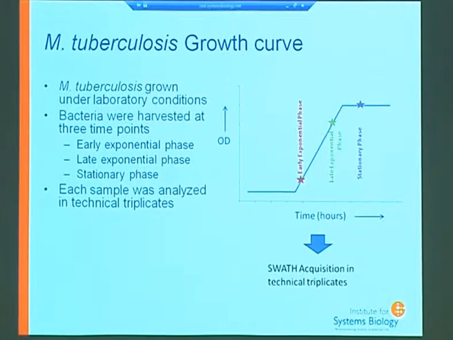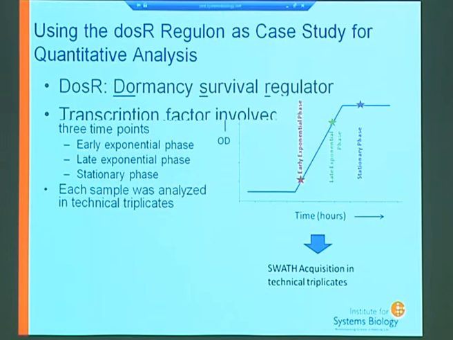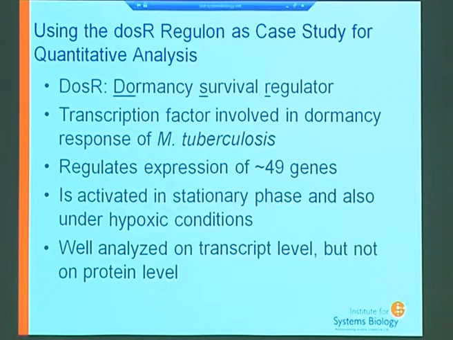The reason why I use that setting is because of DosR. DosR is a transcription factor that's quite well understood. It stands for dormancy survival regulator, so it plays a role in dormancy.